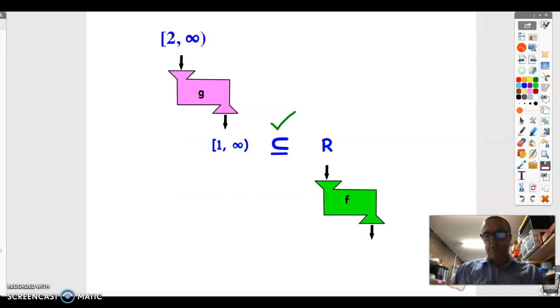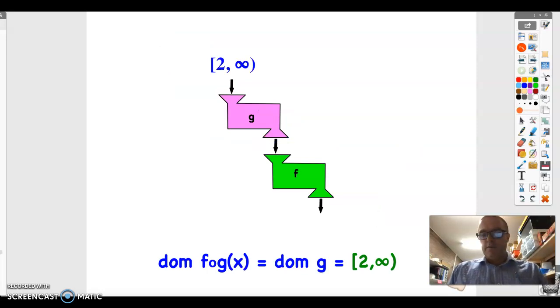So just to show what we've talked about with this machine diagram, f of g, we need the input for f to be okay, and in order for the second machine to work, it can take any real numbers. So obviously any real numbers that come out of g will be a subset of those, and our composite function is going to be fine.